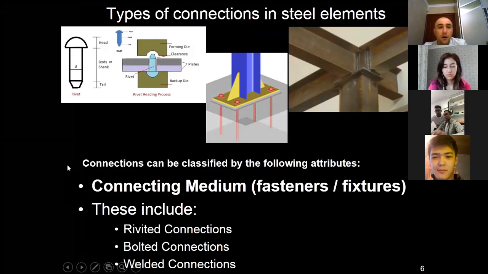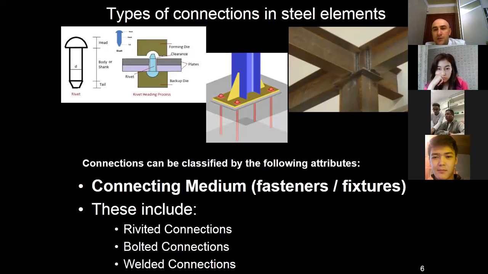Okay. Types of connection in steel elements. Connection of steel elements is an important thing during the installation of steel constructions, because most of the failures, most of the problems can be found in the connection.